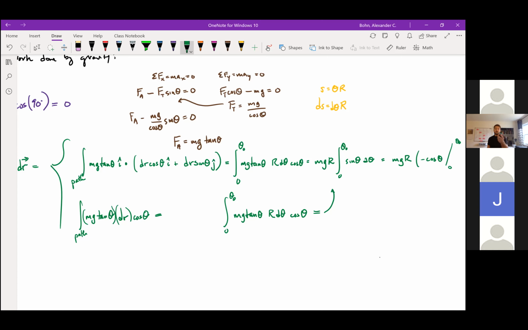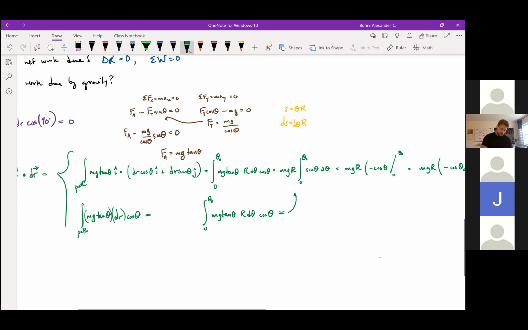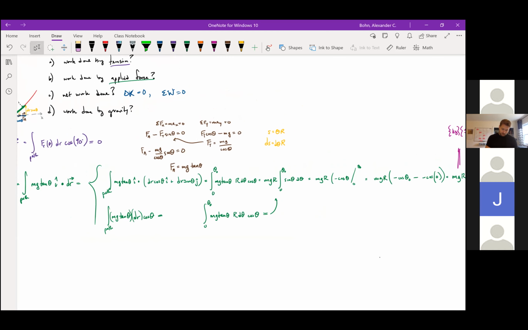It's just a matter of whether we think about it in components or in terms of magnitude and cosine of the angle. It's the same story.